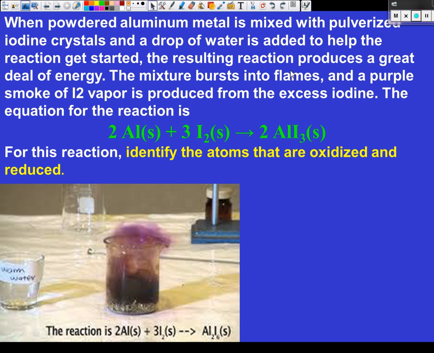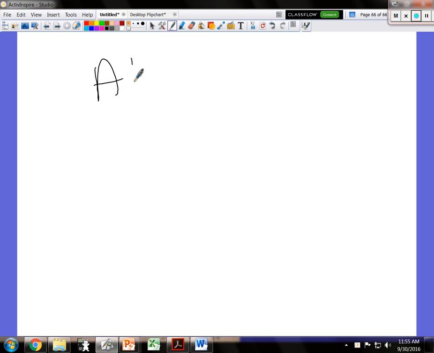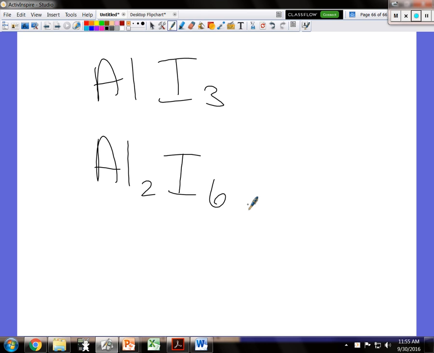Can I show you something really weird? Look in the picture way down here at the bottom. You're right, it doesn't make any sense, does it? Okay, here's what's weird. AlI3 or Al2I6. It is the same thing.